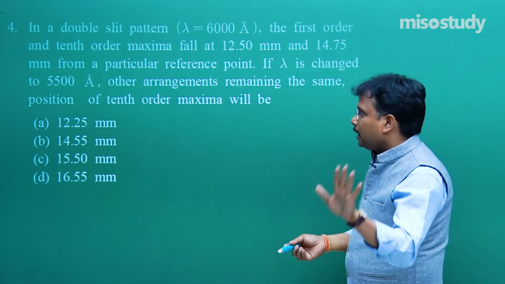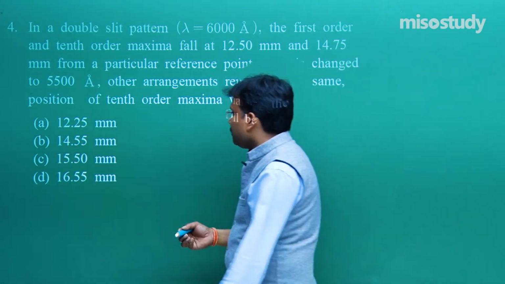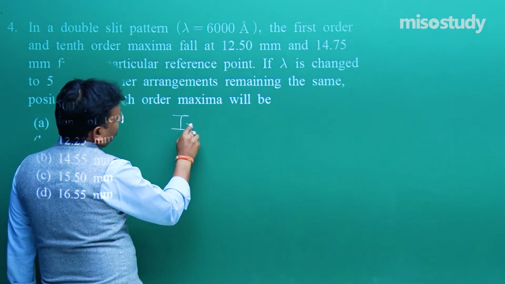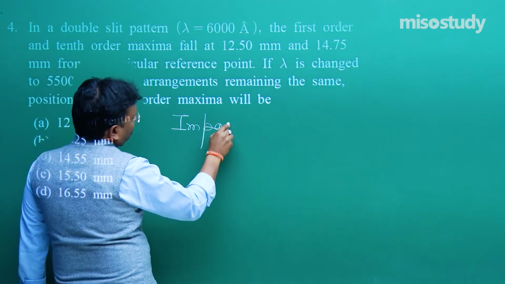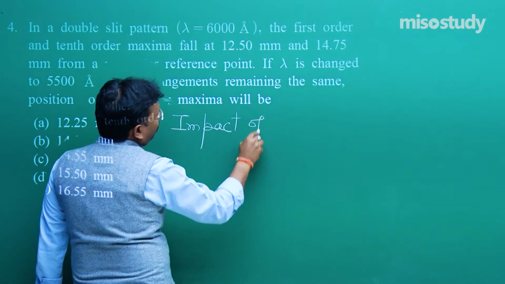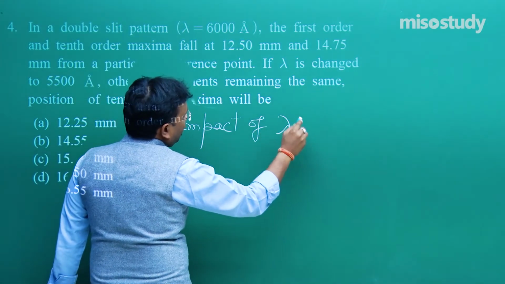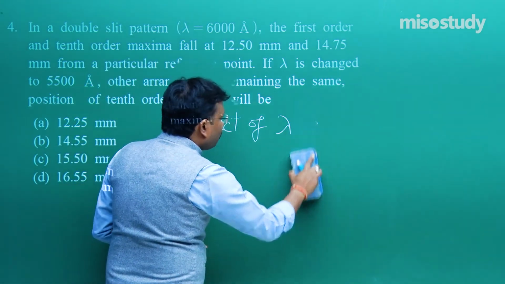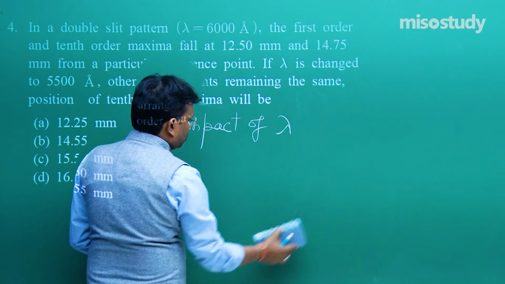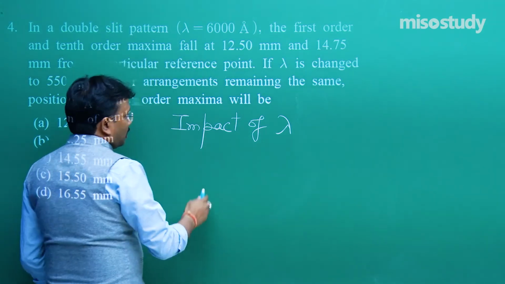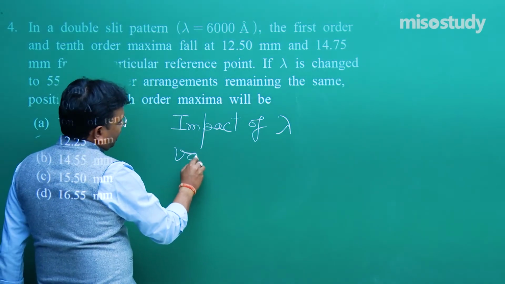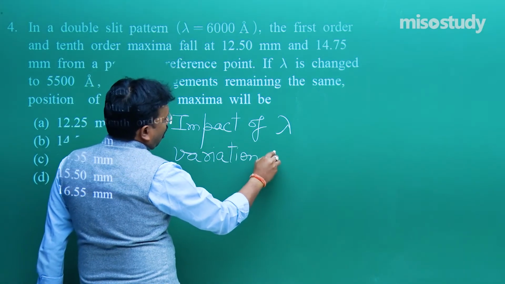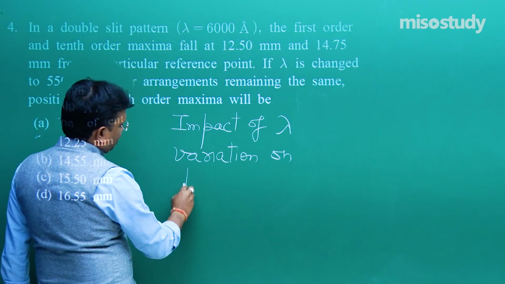Again, I would like to write down simply one sentence, and that is impact of lambda variation on pattern.